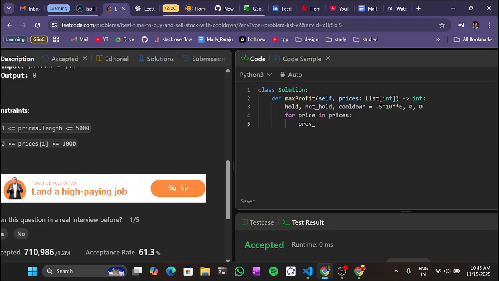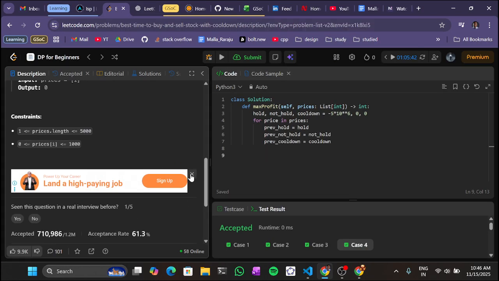So previous hold equals to, and previous, sorry guys. So these are all the previous things right here. So we have to evaluate based on the previous situations we are in.